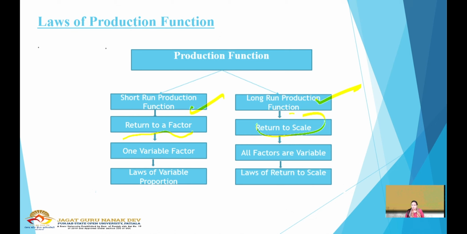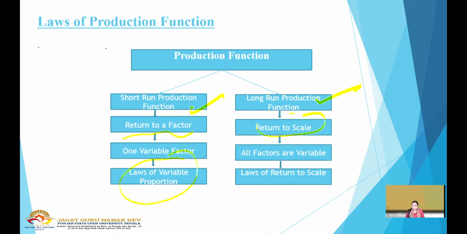We have many production factors, but in the short run only one factor is variable, that means it can be increased or decreased, and this is called the law of variable proportion.